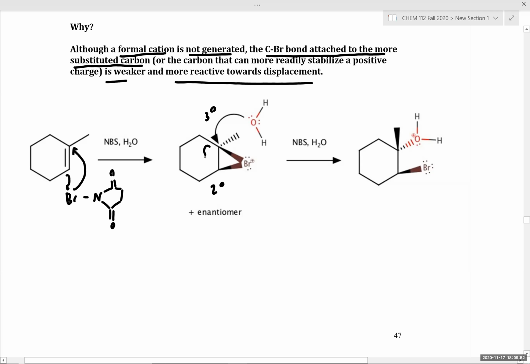And if we think a little bit about which position can more readily stabilize this positive charge, in general, are cations more stable at a tertiary or secondary position? Which position can more effectively stabilize our positive charge?